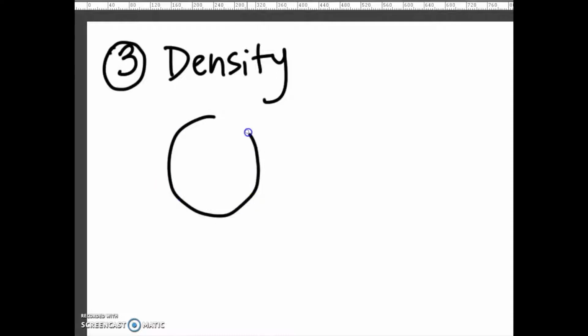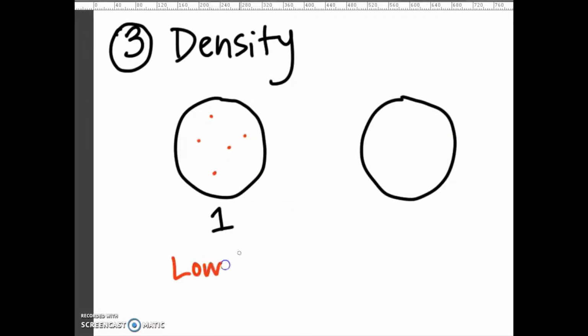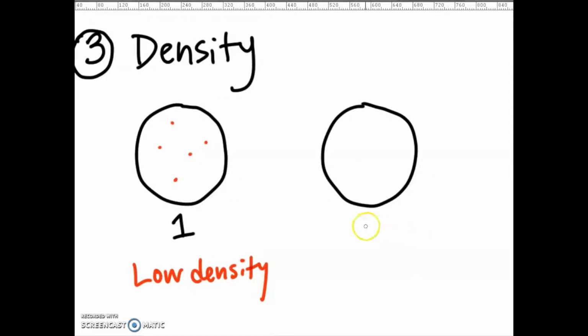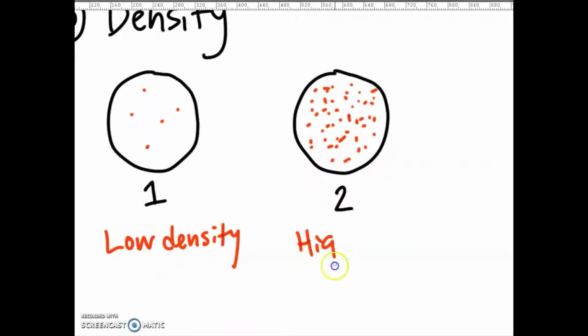So if you have this space here compared to this space, and in space number 1, you have only 5 dots, this is considered to be low density. If you have in space number 2 a lot more dots, I'm not even going to count these because I can't count them, this is going to be high density.